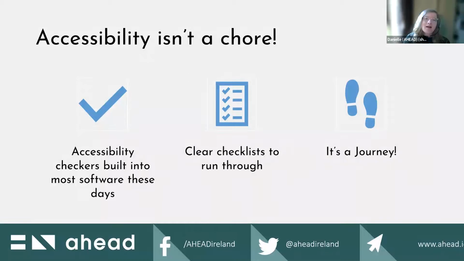So at the moment, it has never been easier to make your content accessible or to access content. There are accessibility checkers and reports built into most software and programs these days. There's also a lot of clear checklists available for content creators, which I'll go through in a minute. And just remember that accessibility is a journey. Nothing will ever be 100% accessible for 100% of people.